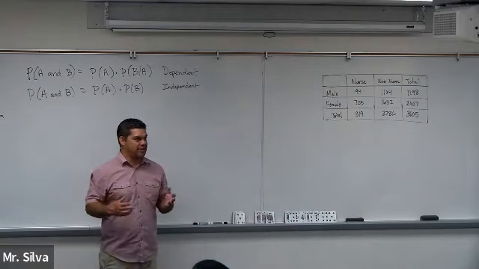The two events are independent if the probability of B given A equals the probability of B, and the probability of A given B equals the probability of A. It's not really that big of a deal, but it just says that if these are equal, then the events are independent. We'll be able to prove independence and we'll be able to prove dependence today in a little bit, but that's how you calculate a conditional probability.